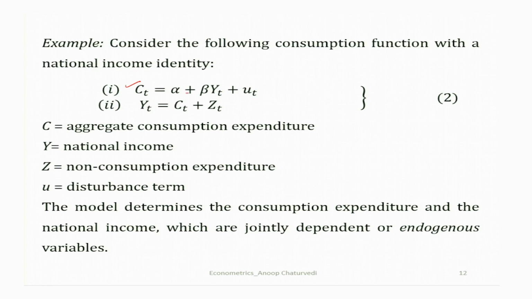So, in this model, consumption expenditure is a function of national income. So, on the right hand side you have national income. Then in the second equation, using this income identity, you are determining the national income. So, both the aggregate consumption expenditure as well as national income are jointly determined by the interaction of the equations of the model.